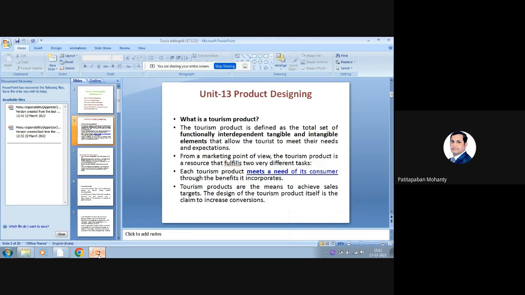First of all, you should know what a product is in simple terms, and how the same product is understood in the tourism and travel industry. If you consider it from the manufacturing point of view, a product is a finished product offered to customers for their benefit. How is a manufacturing product made?